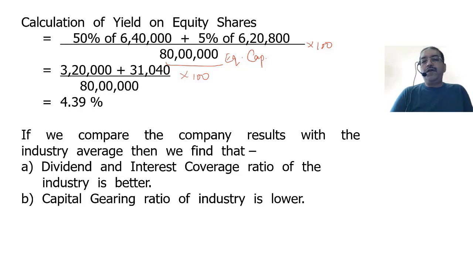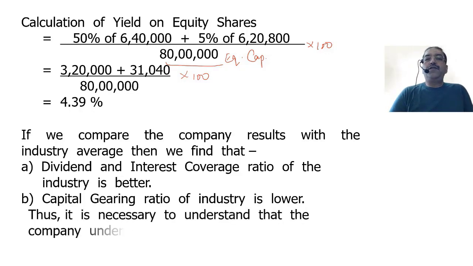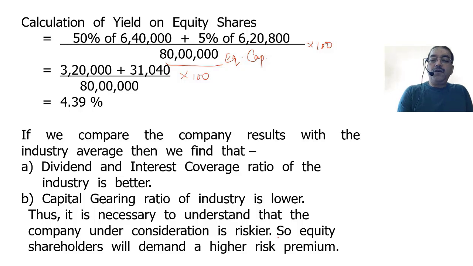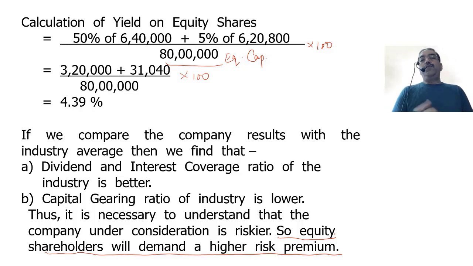We are having more borrowed funds, more risk. So our company is much more riskier. Thus, it is necessary to understand that the company under consideration is riskier. So equity shareholders will demand a higher risk premium. This is the consequence of that. Whenever the risk is more, equity shareholders will ask for a higher dividend. So higher dividend means more risk premium is demanded by them.